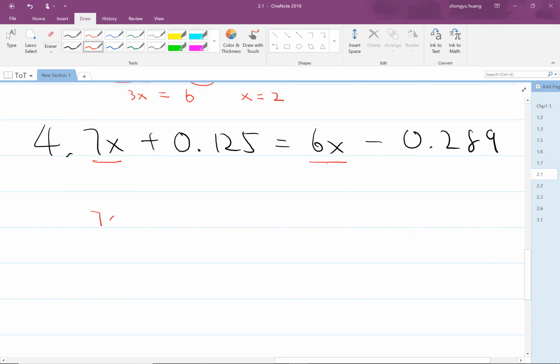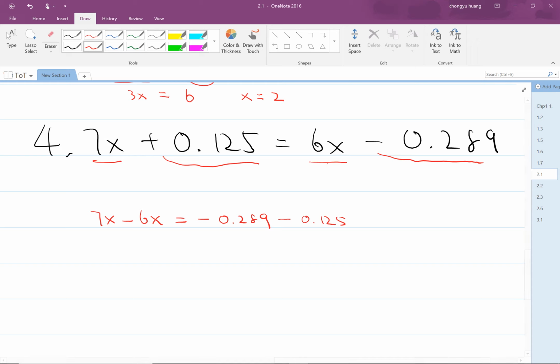So 7x minus 6x equals negative 0.289, and then we have positive 0.215, and if we move it to the other side, then it becomes negative, so it's negative 0.125, right?